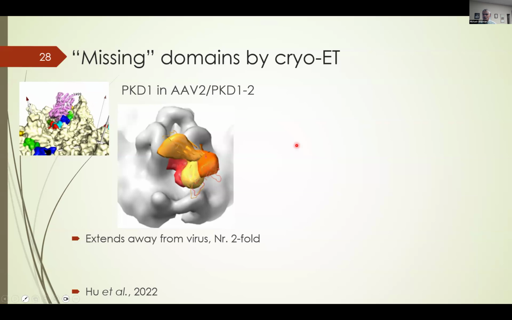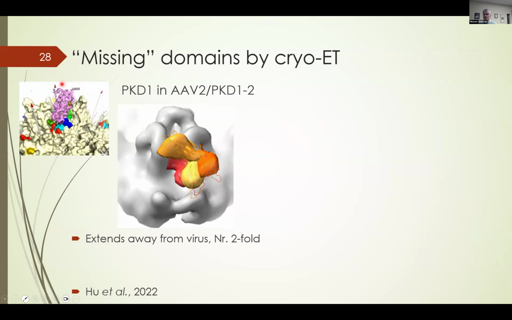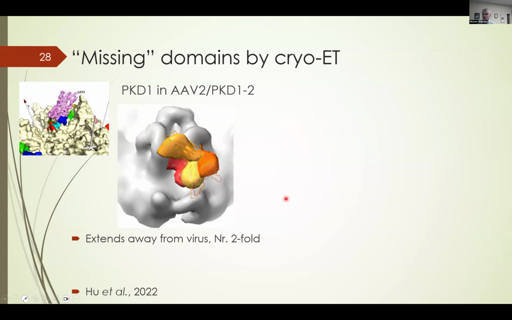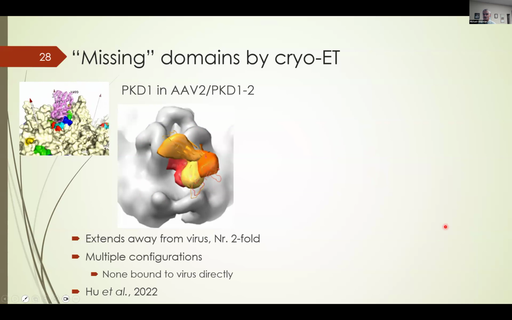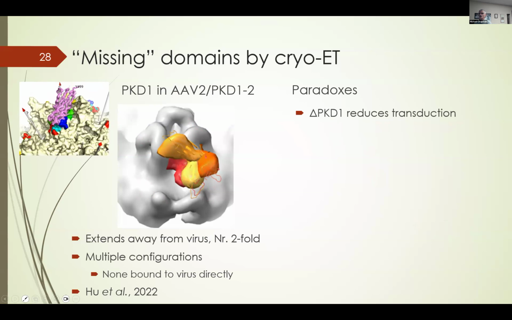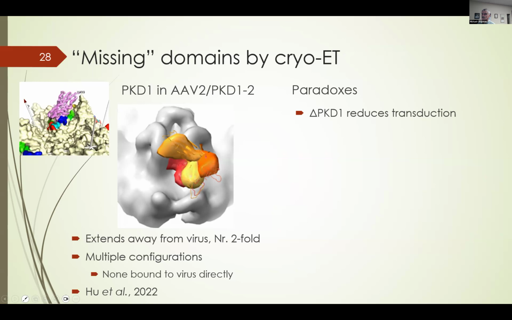And they revealed that the proximal domain, this is PKD domain 2, domain 1 was pointing away from the virus in one of several different configurations, apparently not interacting with the virus. So this set up a couple of paradoxes because we already knew that deletion of this domain reduced transduction.